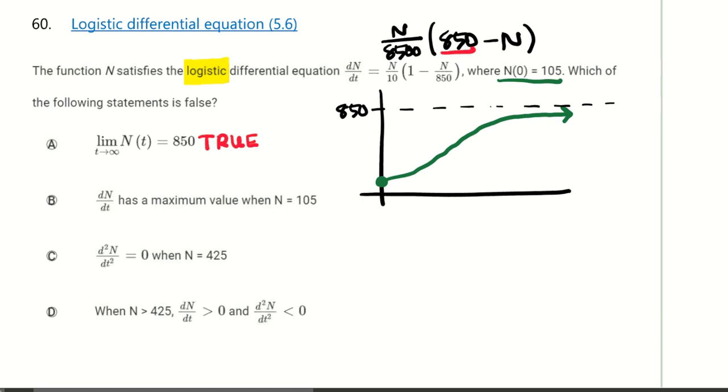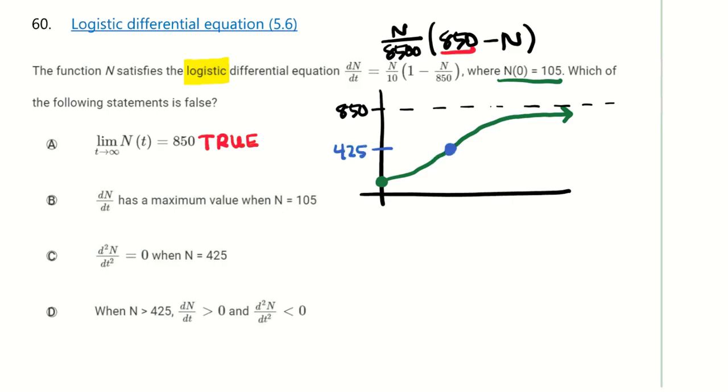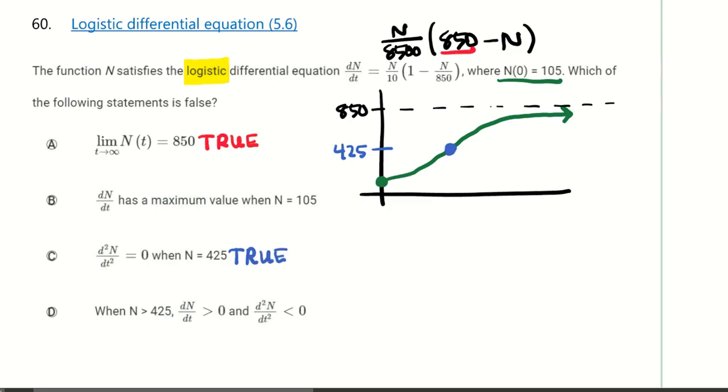That's something we need to know. And then the point of inflection, the special trivia at 425, that's where the maximum growth rate is happening, and there's a point of inflection there. It's also where it's going from concave up to concave down. So this must be true, because the second derivative is going to exist and be continuous, with that first derivative given there.